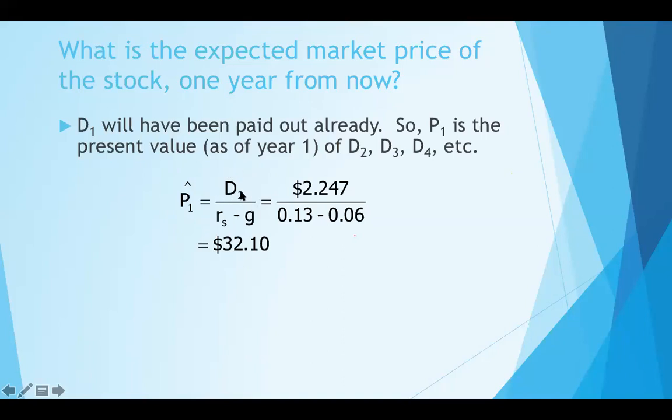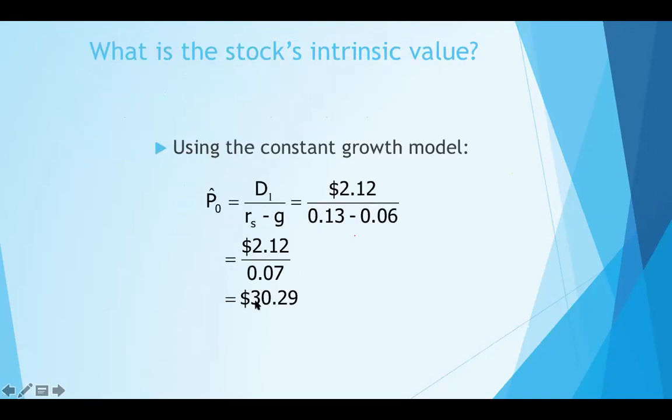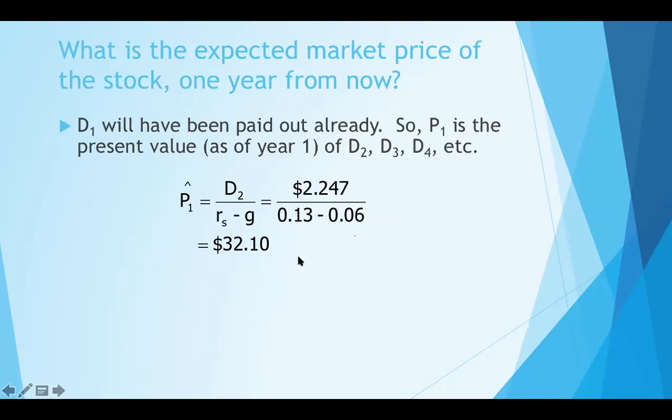Now we are using the following year's dividend, D2, divided by Rs minus g. Rs and g are given. We know that we have a constant growth, g, and Rs is the expected return of this stock, which is 13%, right? So you remember it was 30.29. Now we end up with 32.10.